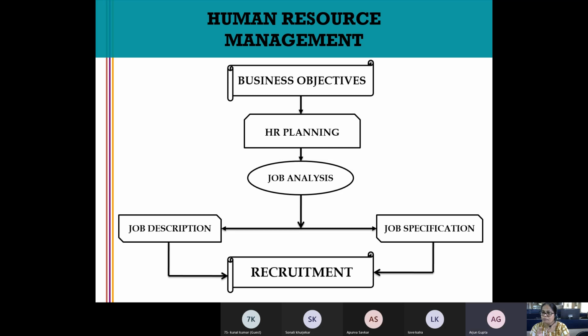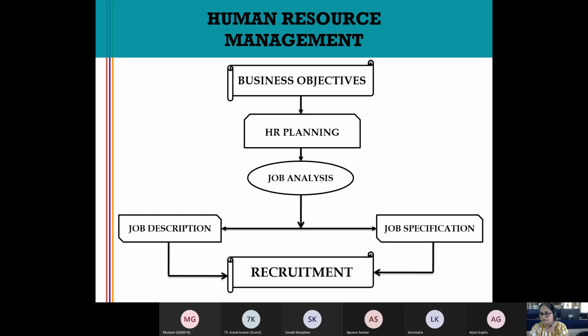So first of all, identifying the sources is the recruitment. We simply go to find where the potential employees would be. So attracting the people to us is the recruitment.